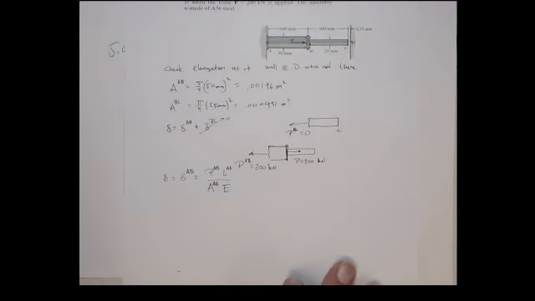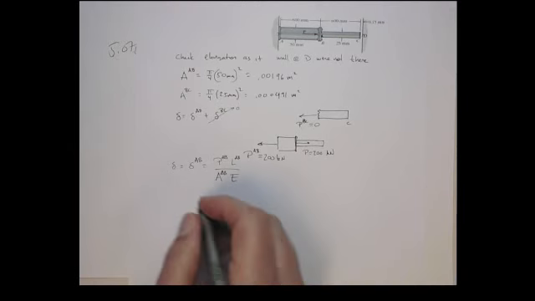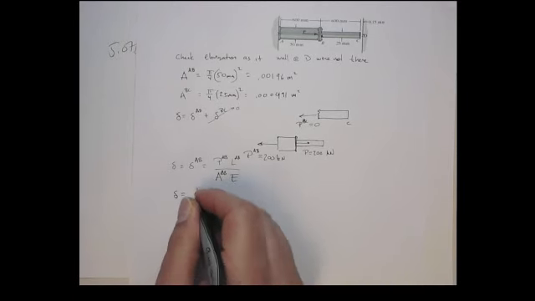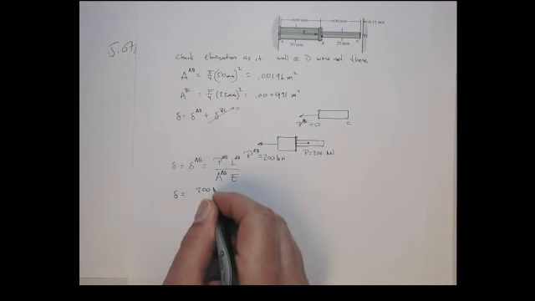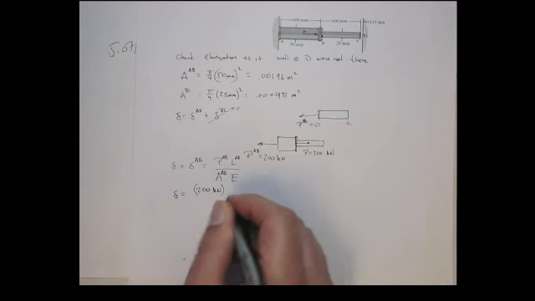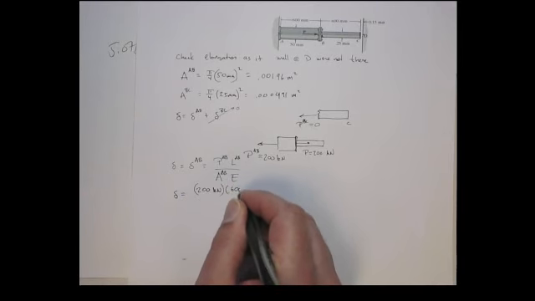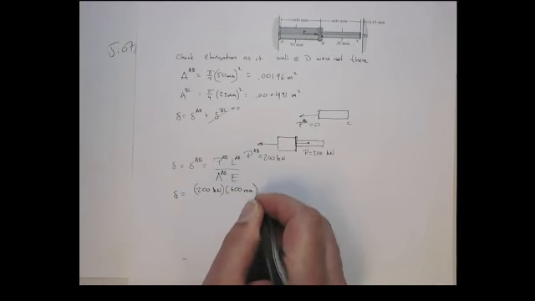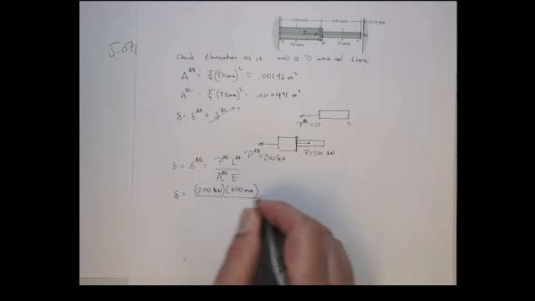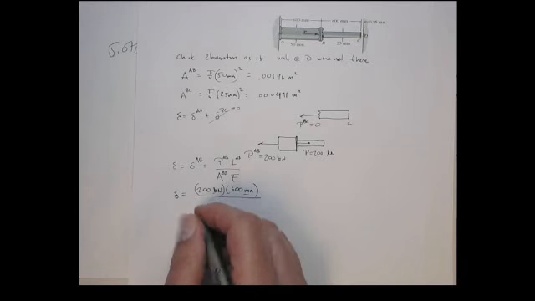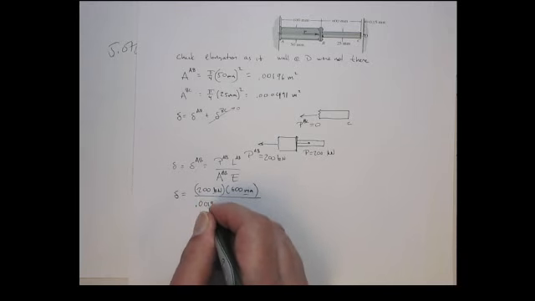So delta is equal to 200 kilonewtons times the length, which is 600 millimeters. The millimeters will cancel out with the kilonewtons. The area is 0.00196 meters squared.